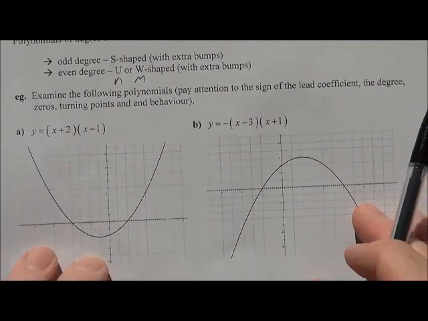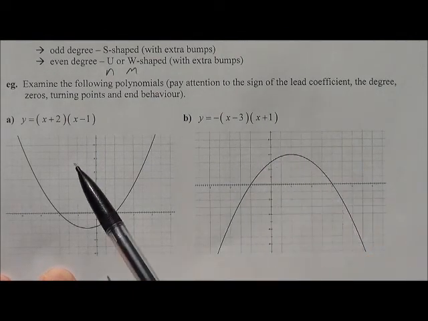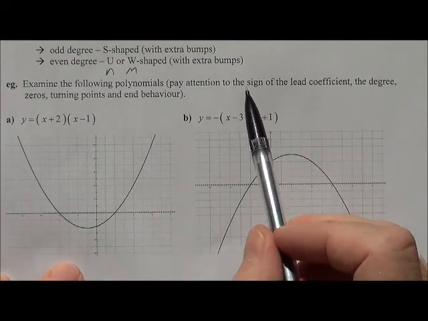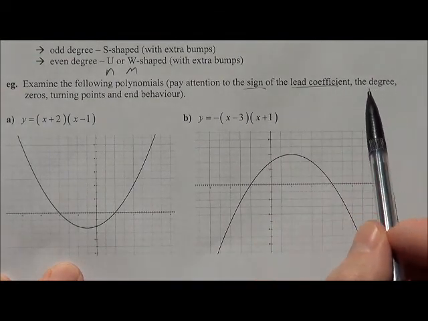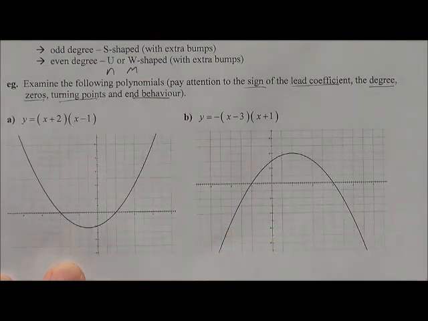Okay, so let's take a look at some examples. We want to examine these and pay attention to the sign of the lead coefficient, the degree of the polynomial, the zeros, the turning points, and the end behavior.